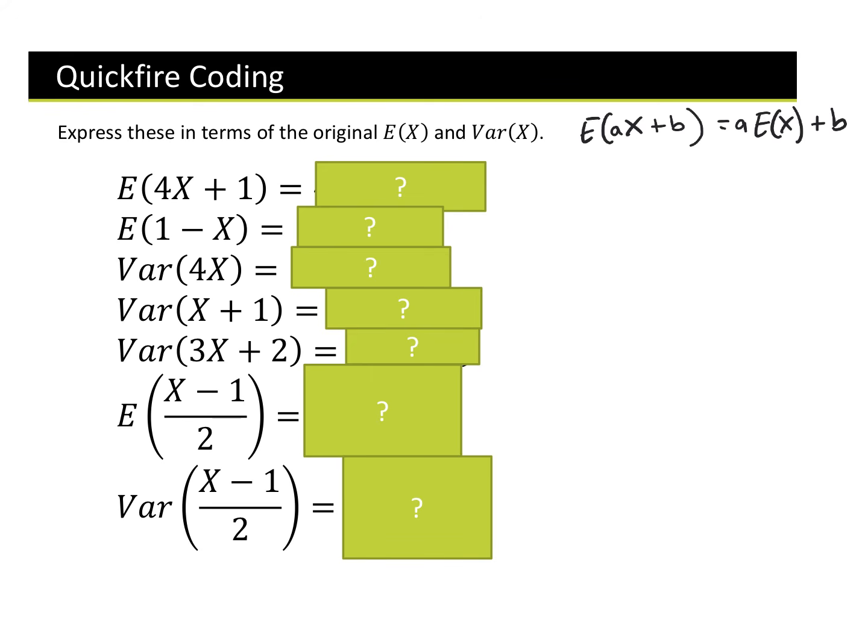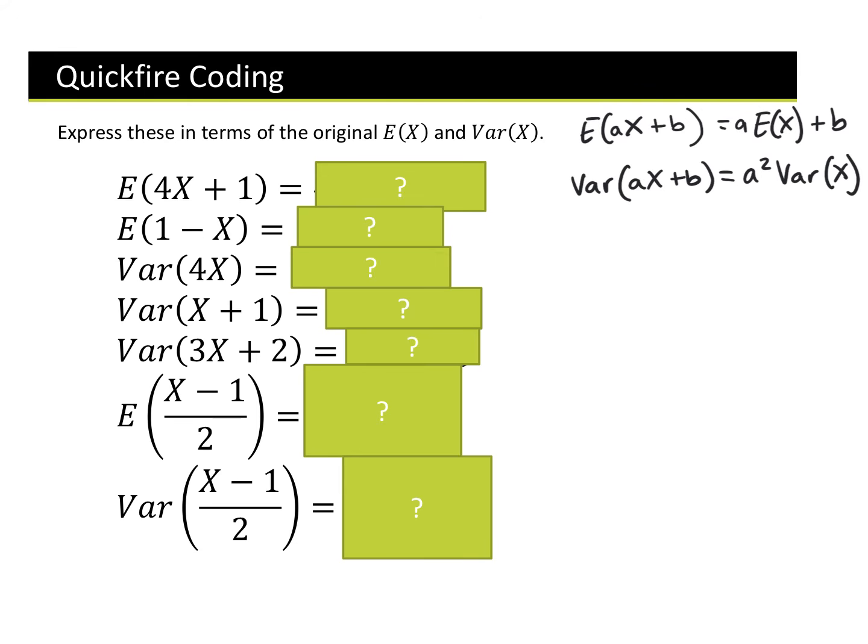For variance, if we have the variance of ax plus b, then our answer is going to be a squared times the variance of x, okay? These are the 2 rules.